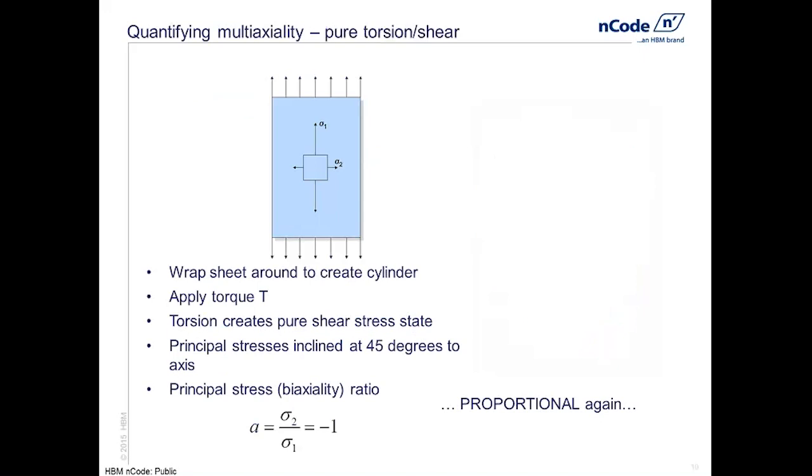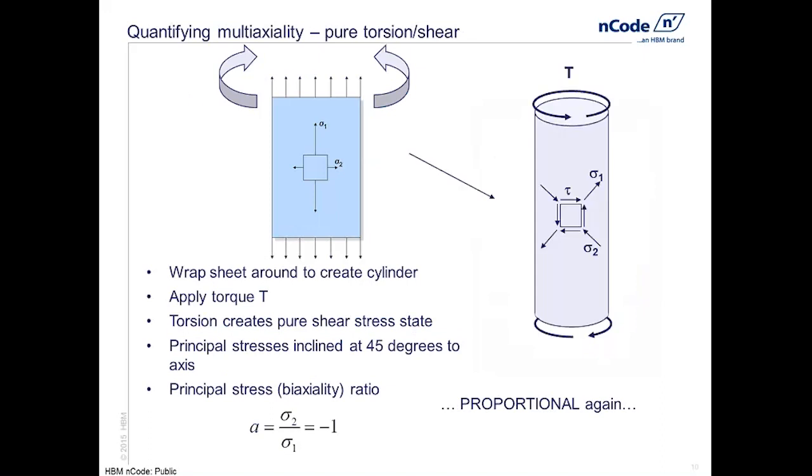Okay, so let's look at another example. Let's take our simple sheet from the first example, and we'll wrap it round to make a thin-walled cylinder, and then we'll apply a torsional load to it. This creates what we call a pure shear stress state.